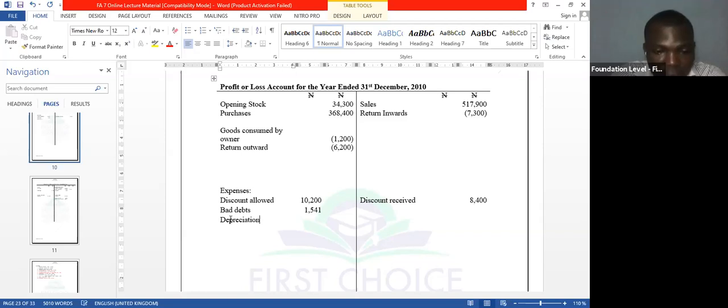Based on the additional information given to us, we have it on motor vehicle, and also we have it on furniture.